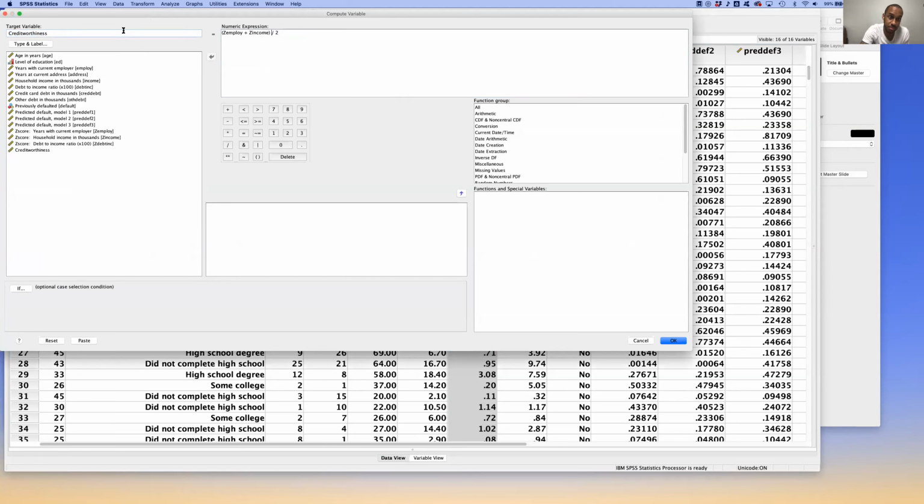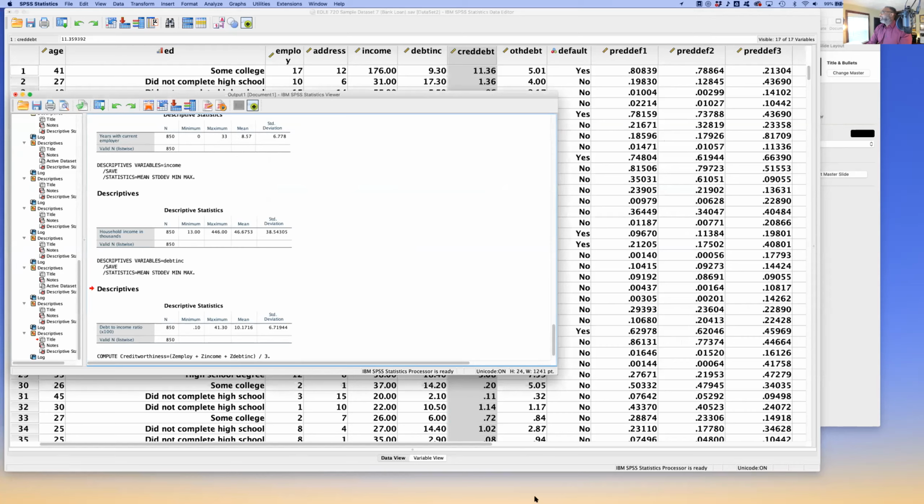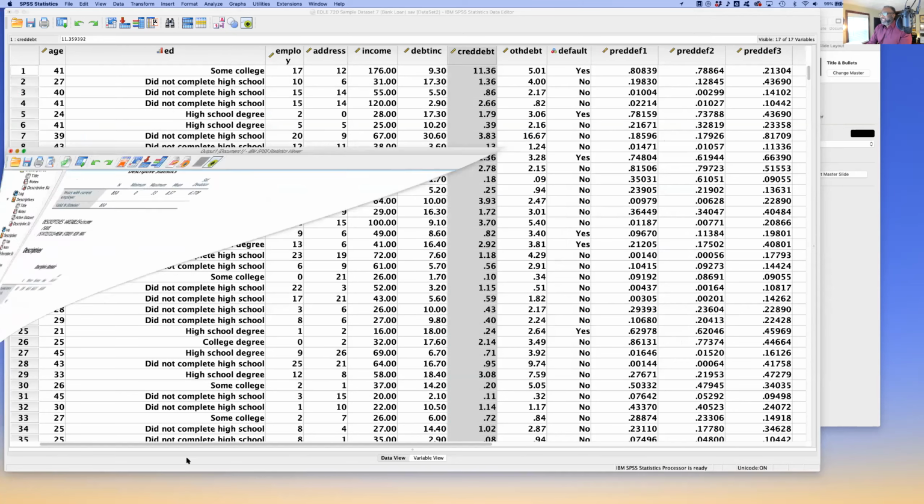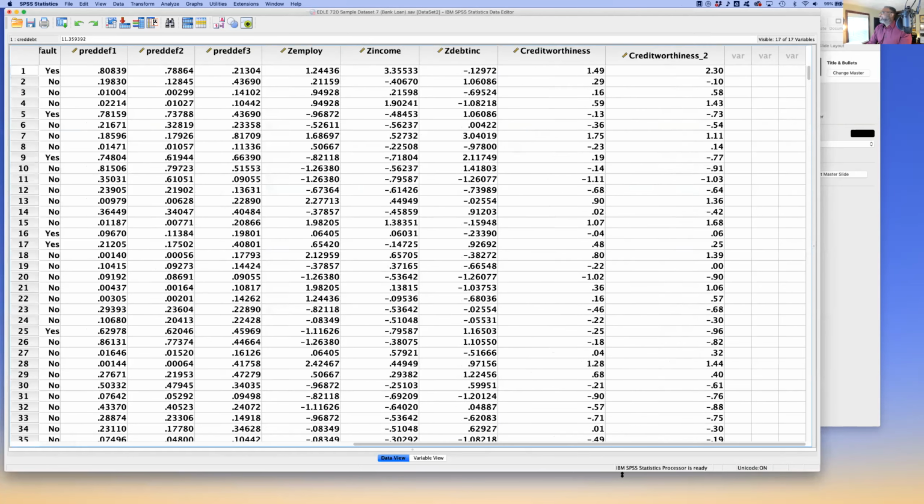We're going to underscore that and put creditworthy underscore 2. So we're going to create an entirely new variable. And now we're going to click OK. And we should have something very interesting at the end now.